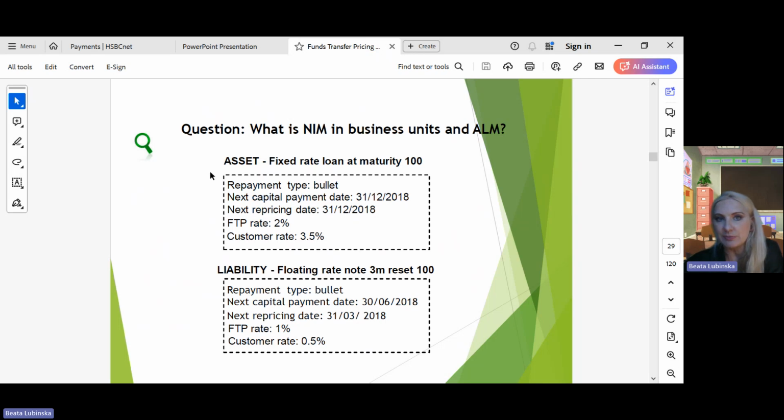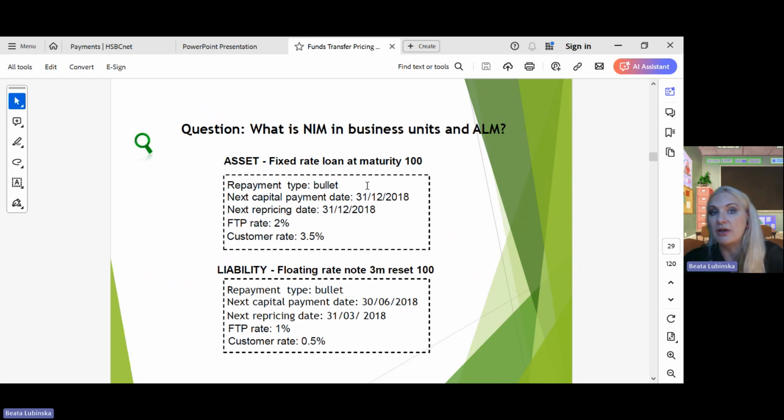Repayment type of this position is bullet. It means it does not have any amortization profile. Bullet means that there is no amortization profile of the loan itself. And the repricing tenor, as we know, repricing is different. It's not always the same as the maturity of the position.